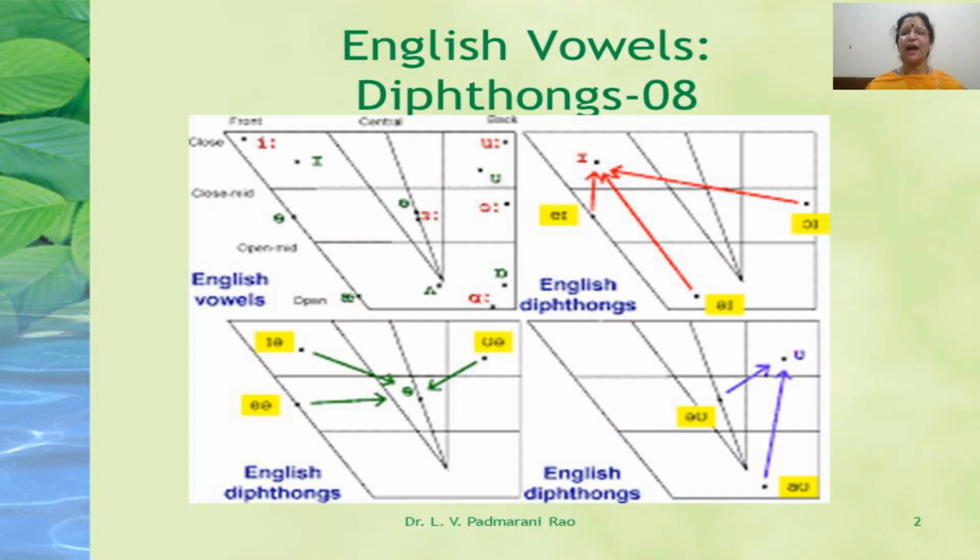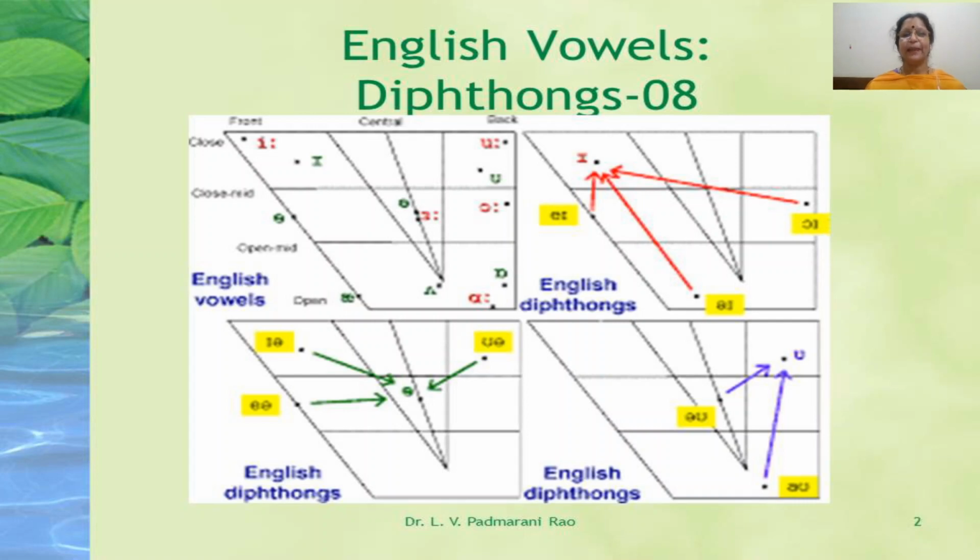That's why it is called I. In the third glide of the same diagram, you could find the movement from O to E, which can be pronounced as OI. That's right. So, the second diagram on the top right talks about 3 glides, A, I, and OI. Can you make out? These 3 are moving towards E sound.